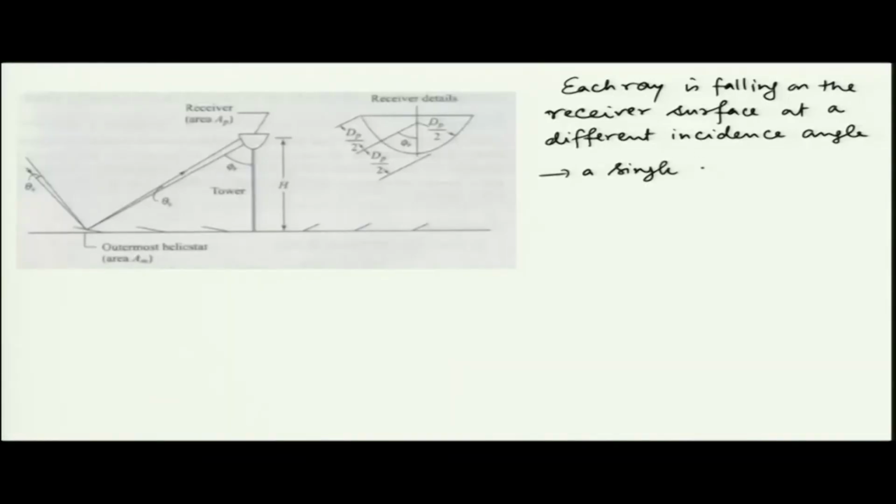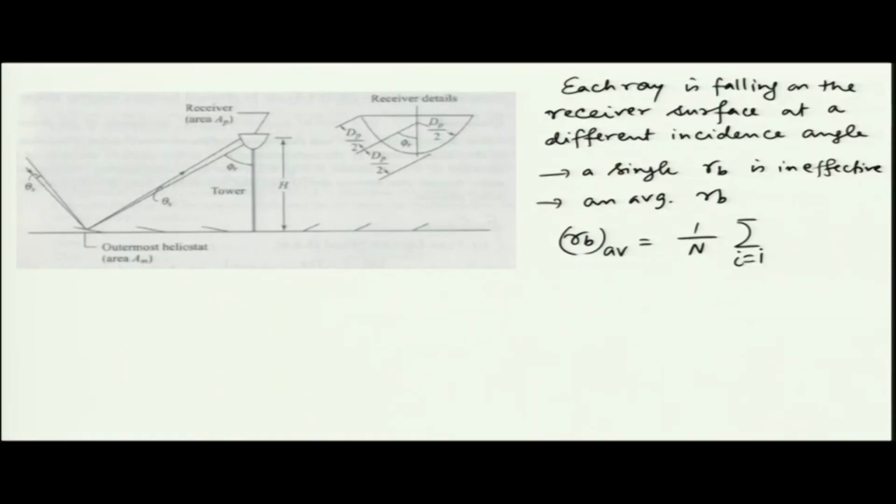So, that is why we cannot take a single RB. A single RB is ineffective, so what we need to have is an average RB. And how we can find that average RB is nothing but 1 over n times the total RB of all the different heliostat contributions. Okay. So, that is the major thing.